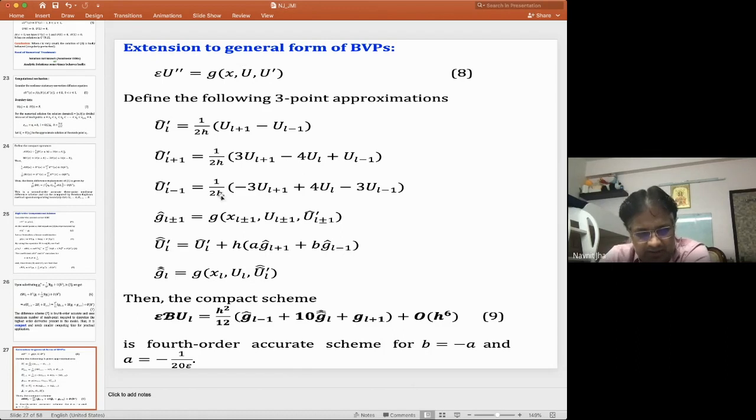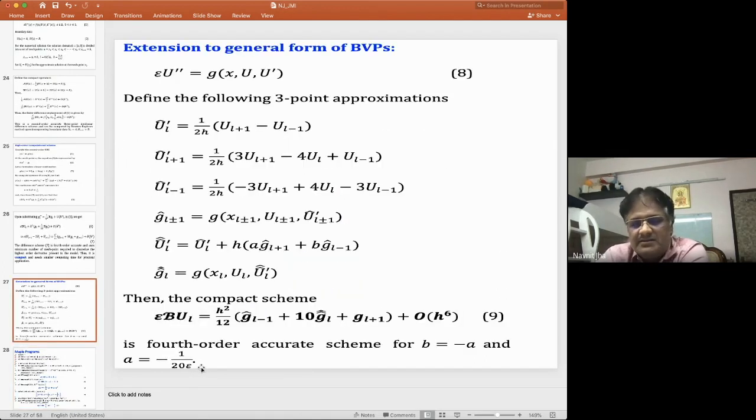Now when we put these values in this scheme in equation 9, we realize that if you take b equal to minus a and a equal to minus 1 by 20 epsilon, the local truncation error comes out to be of order h6.